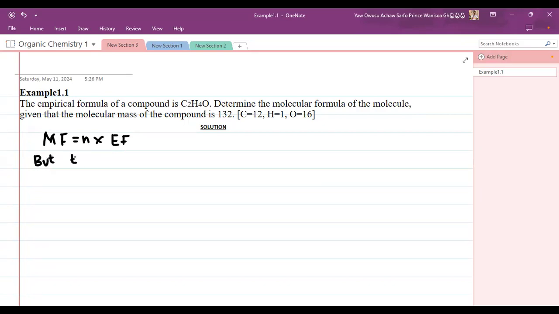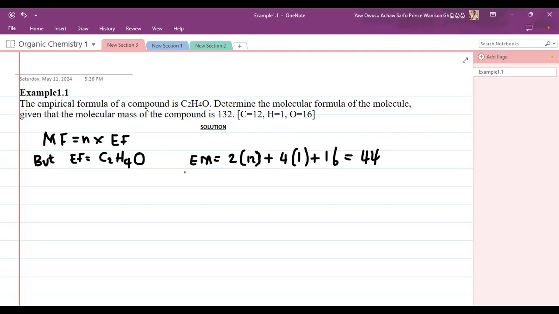Our empirical formula is C2H4O, and our empirical mass is calculated as 2 times carbon, which is 12, plus 4 hydrogen, which is 1, plus oxygen, which is 16. So our total mass will be 44.